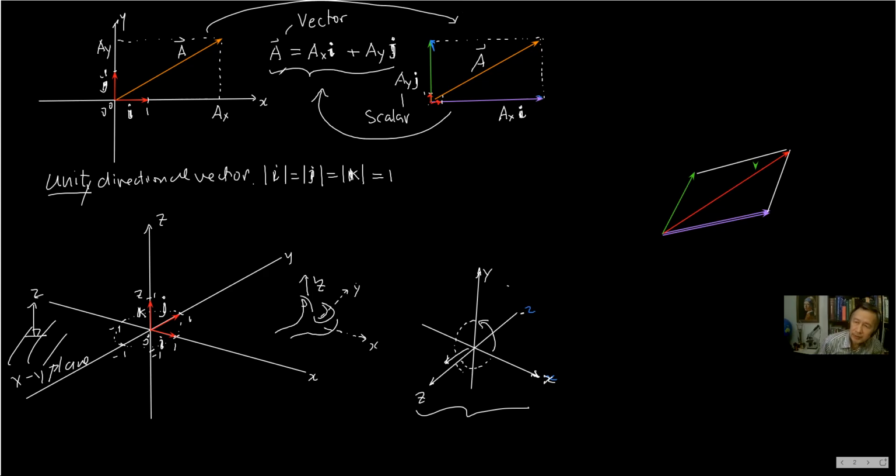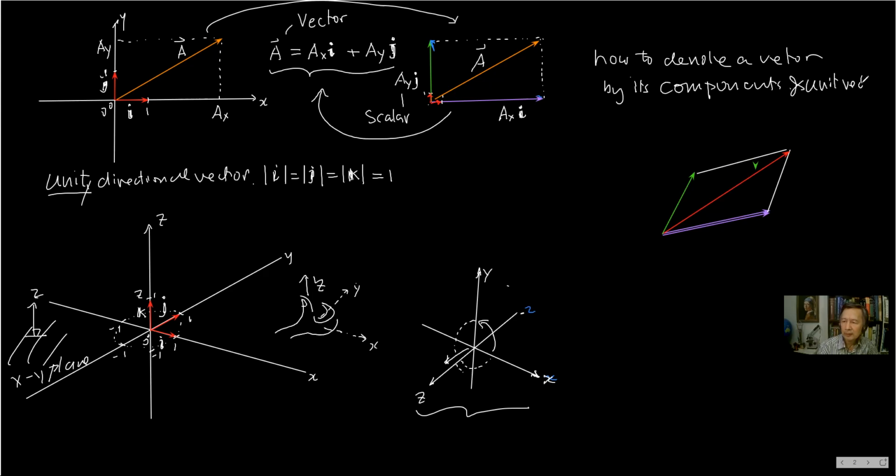So that is how to denote a vector by its components and unit vectors. The unit vectors belong to the X and Y axes. So in summary, if you have a vector in 2D, we can write it in this form: AXI plus AYJ, okay?